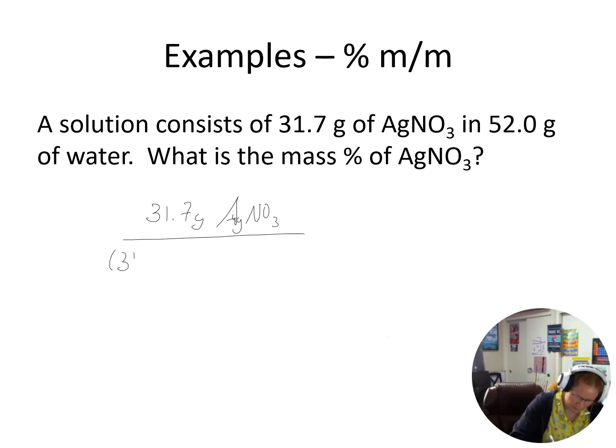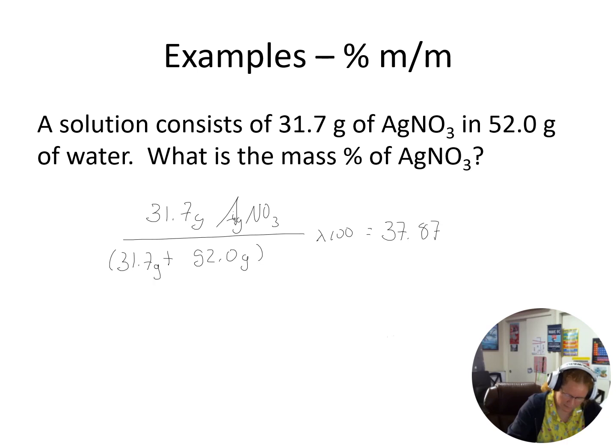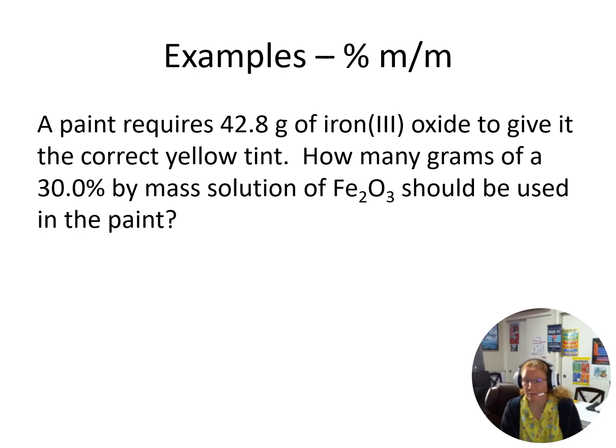So that's going to be my 31.7 plus my 52, times my 100, and I'm going to end up with 37.87% silver nitrate.